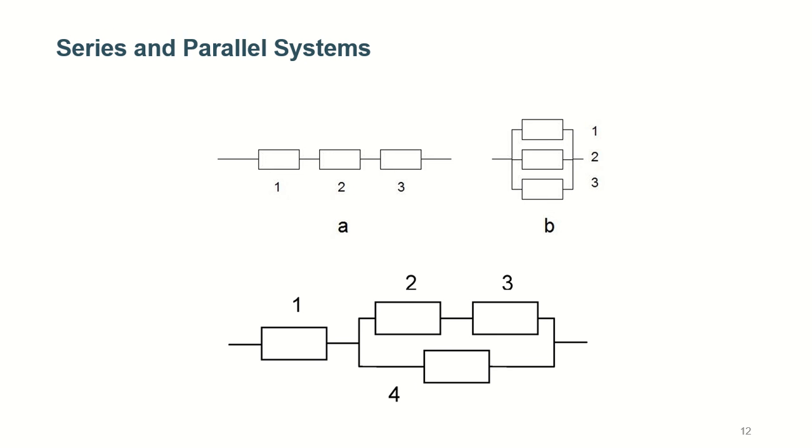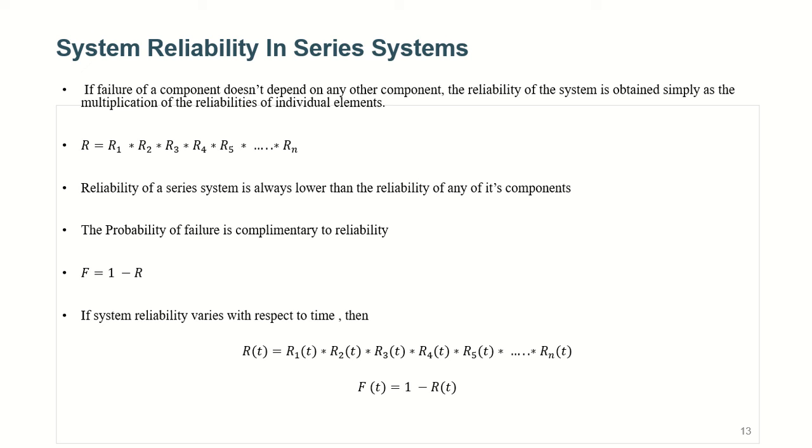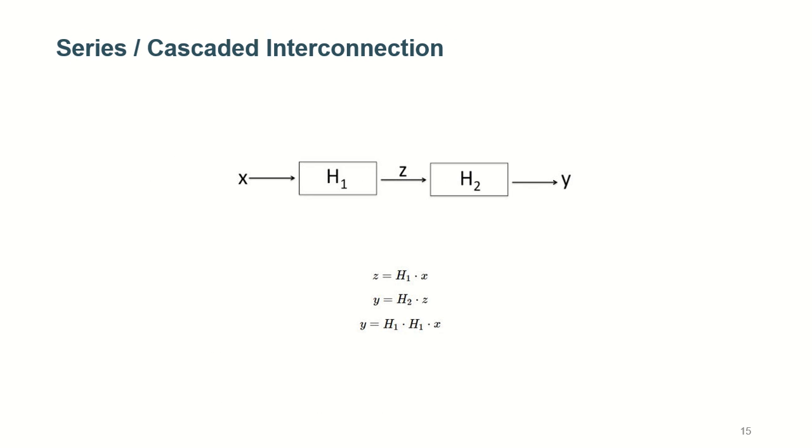Now quickly coming to the cascaded series parallel systems, or cascading of systems. First we will discuss the cascaded series interconnection. So let's consider a series of series, or cascaded interconnection, of this system which you are seeing in the image. It has input signal x and output signal y.